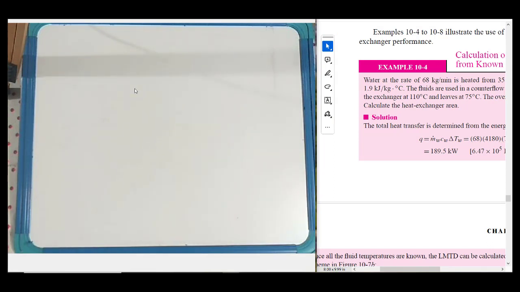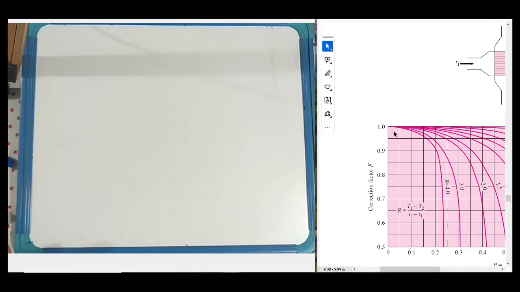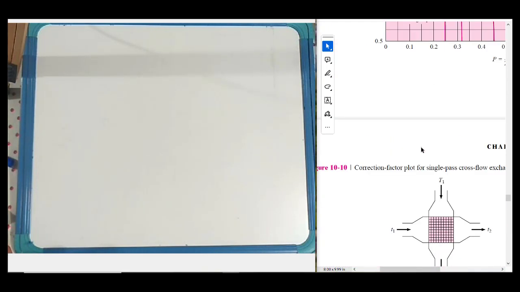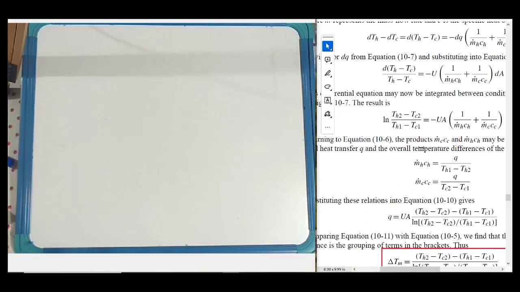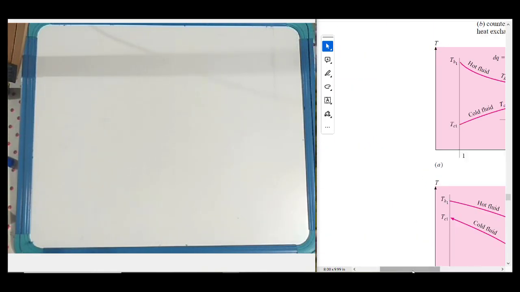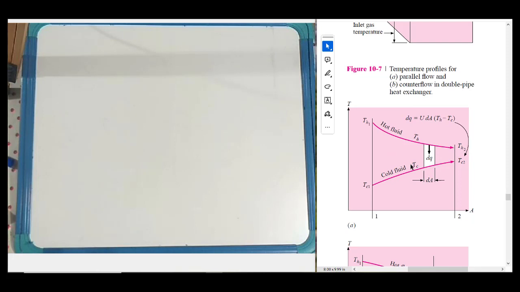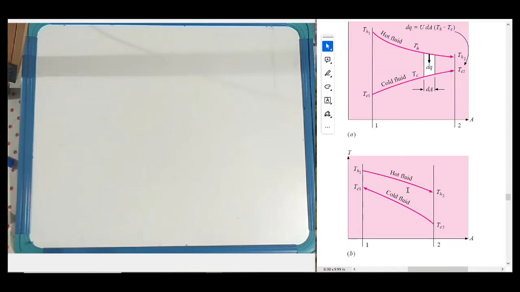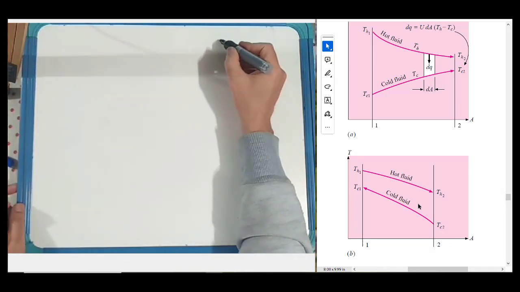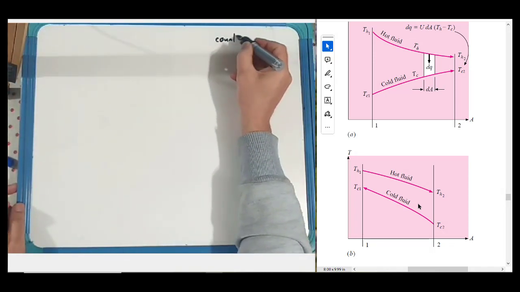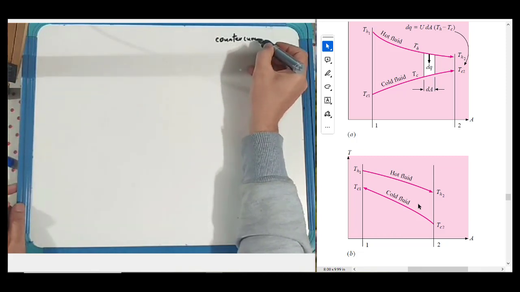We should draw the diagram like figure 10.7b, because as it said, the flow is counter current.